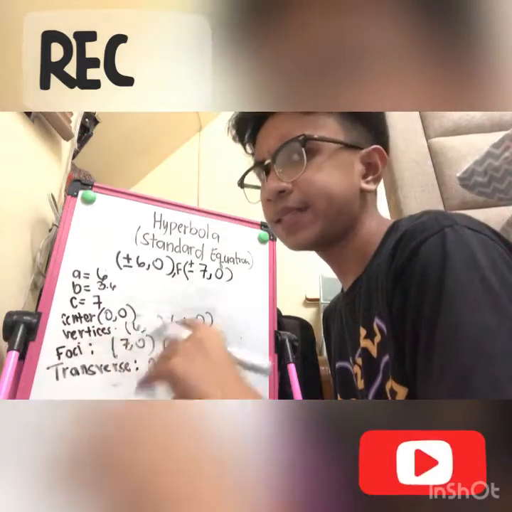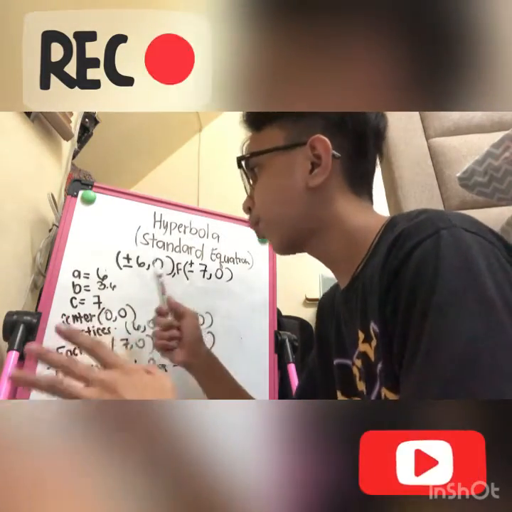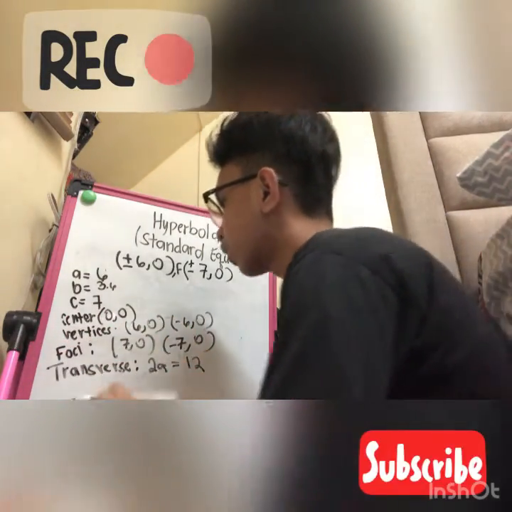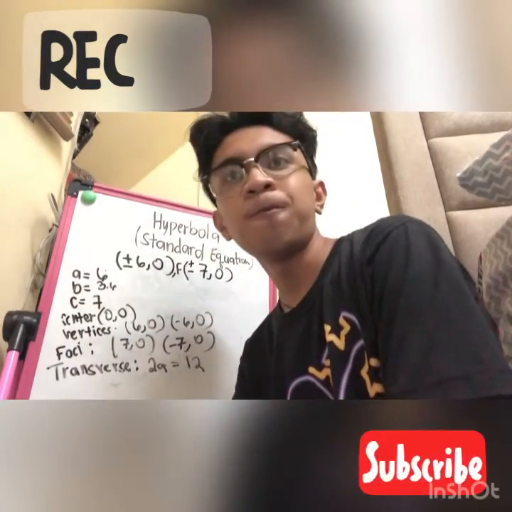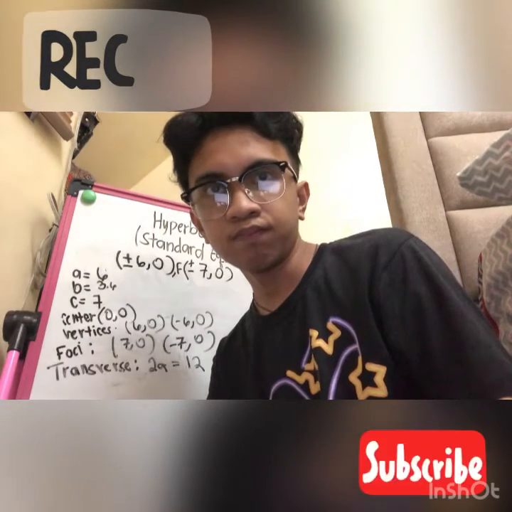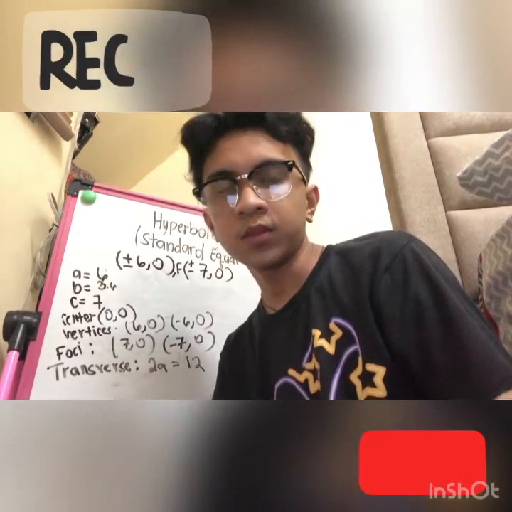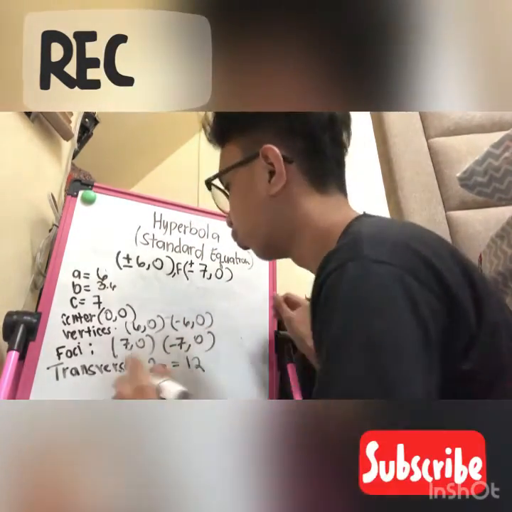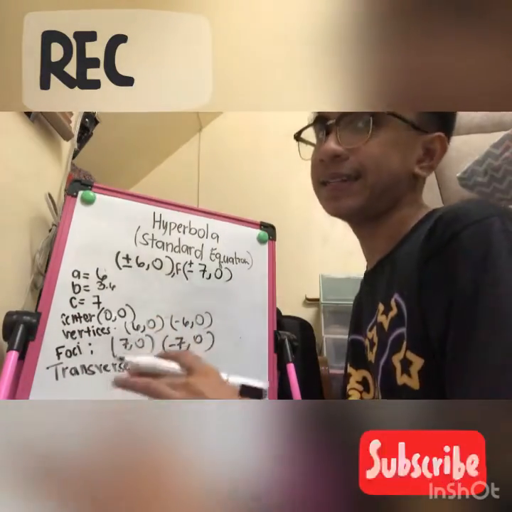So 2 times 3.6 is 7.2. So the conjugate axis is 7.2.